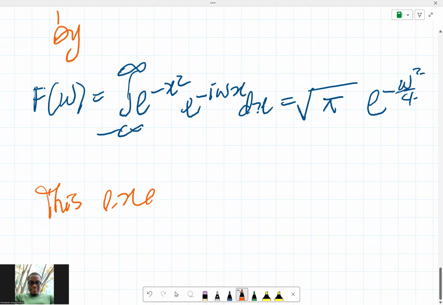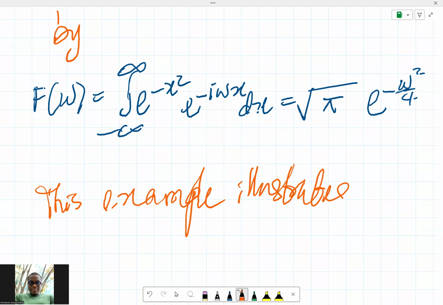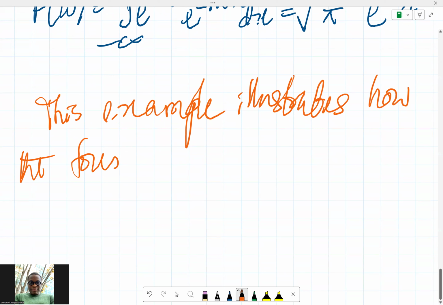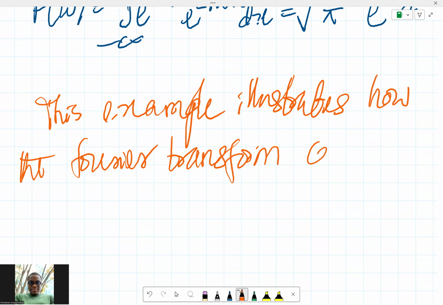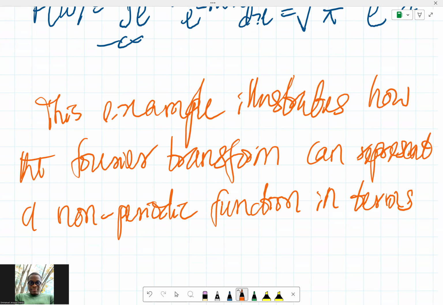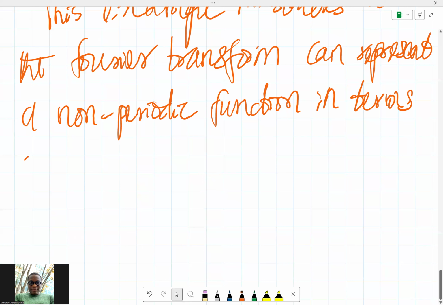This example illustrates how the Fourier transform can represent a non-periodic function in terms of its frequency components.